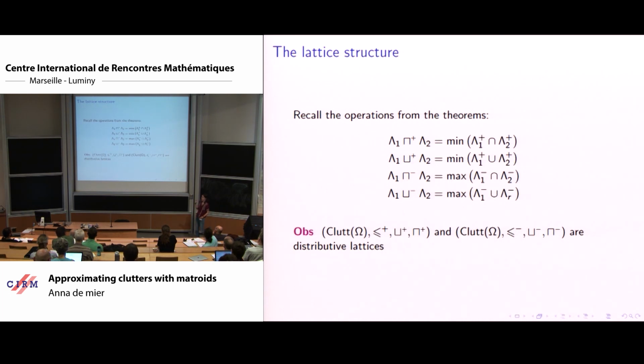If you go back to the operations that we had in each case of how to recover the clutter from the approximations, they were like this: the minimal of the intersection of the ascending chains, or the minimal of the intersection of the union of the ascending chains, and so on. We call them intersections plus or intersections minus. It turns out that both sets of clutters, with the order plus or the order minus, are distributive lattices with these operations of plus union and plus intersection.